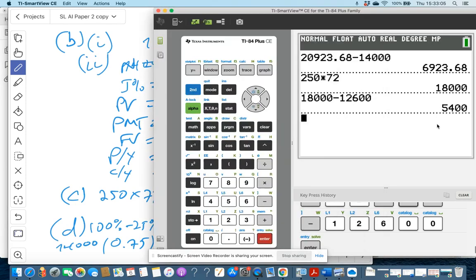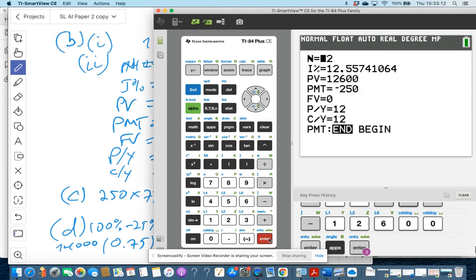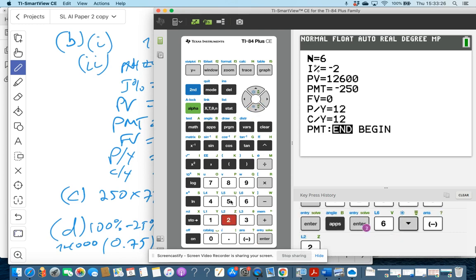Okay, you could also do it on the TVM solver. Again, the present value, okay, it's still 6 years, now every year. So we're going to have to go negative 25%, start at a present value of 14,000. Okay.